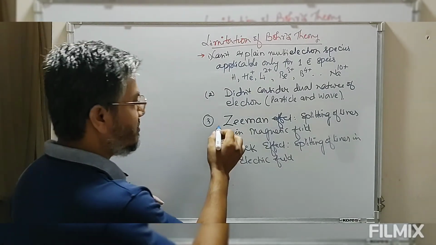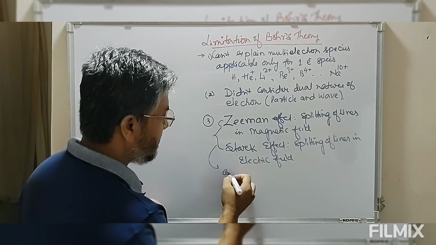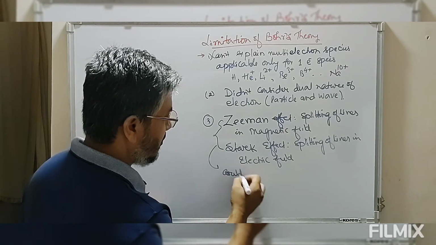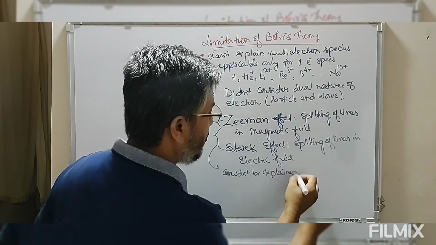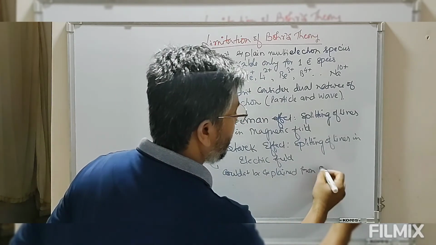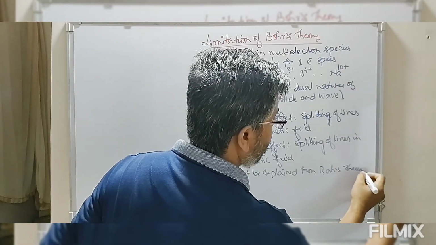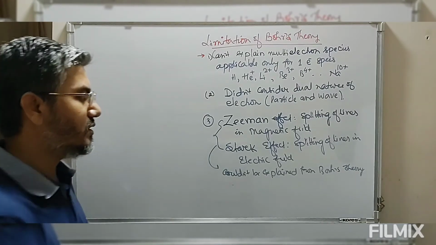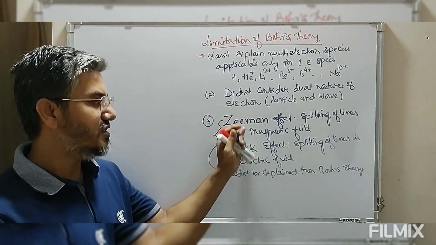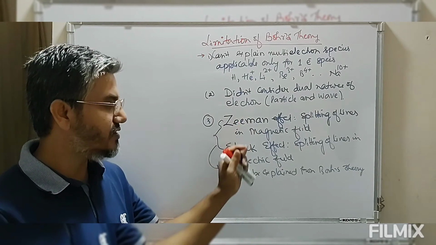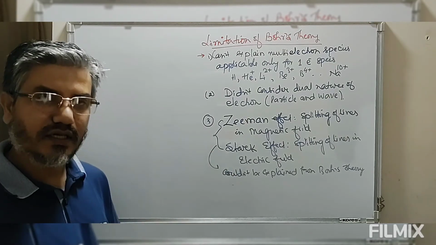So the Zeeman effect and the Stark effect could not be explained by Bohr's theory. Bohr's theory cannot explain why a single line splits when placed in an electric or magnetic field. Splitting in a magnetic field is known as the Zeeman effect, splitting in an electric field is known as the Stark effect.